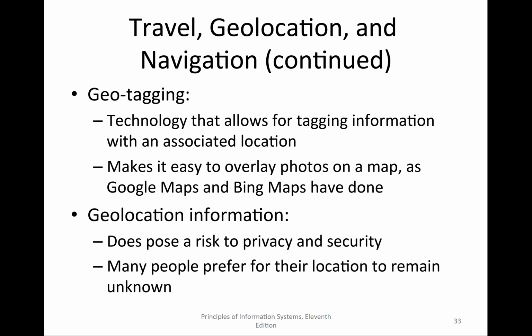Geotagging, technology that allows for tagging information with an associated location, makes it easy to overlay photos on a map, as Google Maps and Bing Maps have done. Geolocation information does pose a risk to privacy and security. Many people prefer for their location to remain unknown.